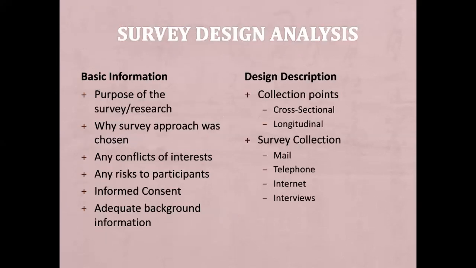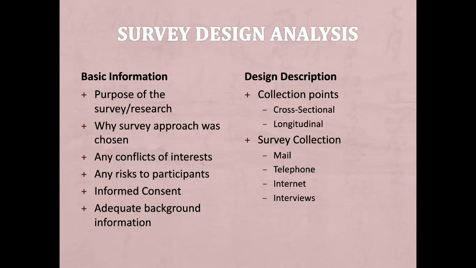So, to start off with basic information, we look for different things that are included in the study, like do the researchers come right out and say what the purpose of their survey is, or what is the purpose of their research? Do they provide enough background information to support why their research question is important? Do they talk about why they chose the survey approach and was that appropriate versus the experimental approach?